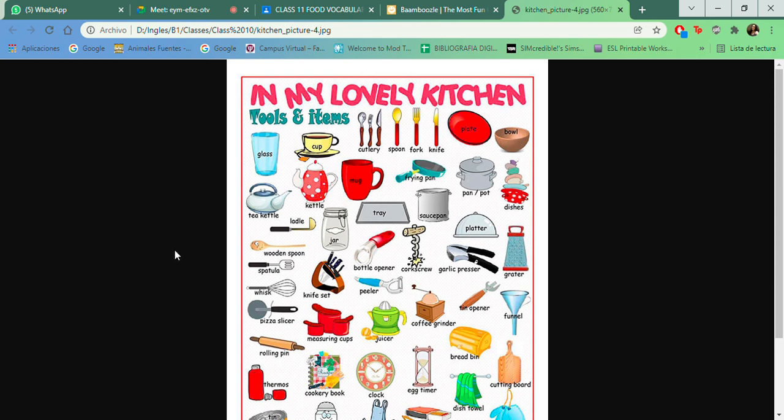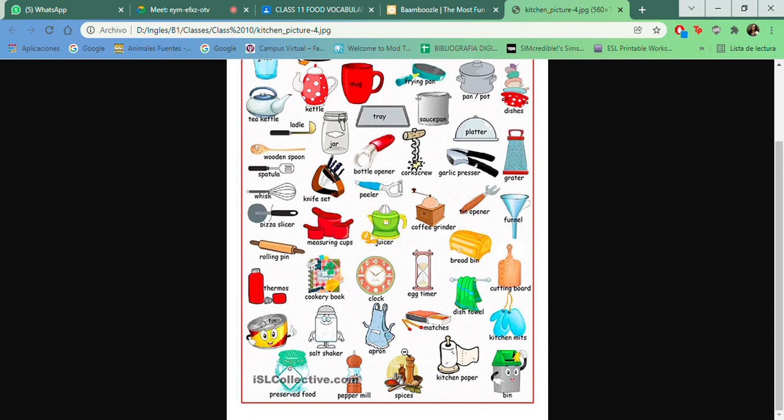So slicer, for example, remember we talked about the actions, the ways of cooking. You have to slice, right? That would be here, for example, the pizza slicer, that I don't have one, honestly. The apron, good. The cutting board, I told you about the cutting or chopping board as well. It's called chopping board or cutting board, right?